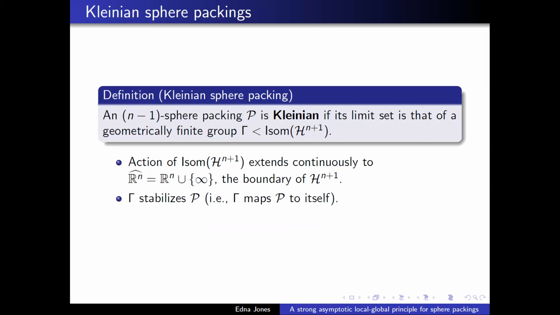Another thing is the group gamma stabilizes our packing; it maps the packing to itself. This group gamma is what I'm referring to as the automorphism or the symmetry group.